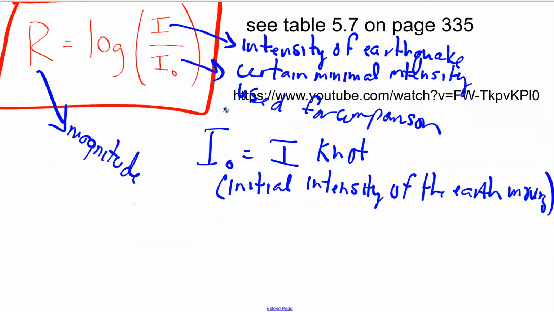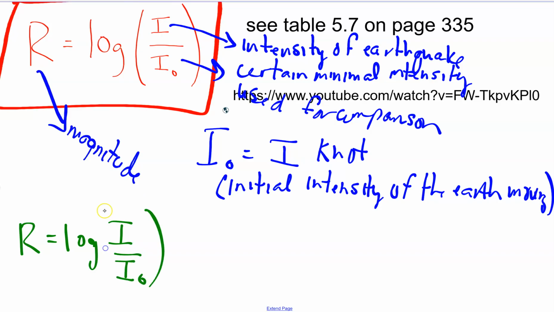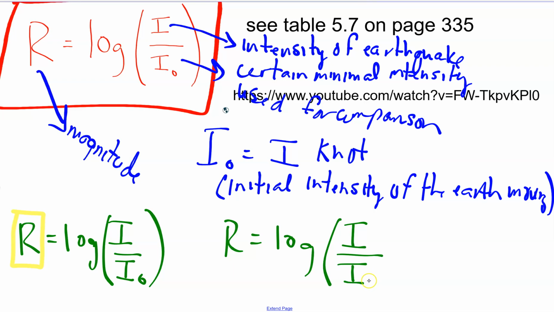Either you're going to be finding the R or the I. So it's basically given one of the variables, a Richter scale variable or an intensity variable, and either you're going to be asked to find the R given the I, or you're going to be asked to find the I given the R. You input the I and come out with the R, or you input the R and come out with the I. Those are the two options for any of these. So we just have to decide which one we're given, plug it in, and find the other.